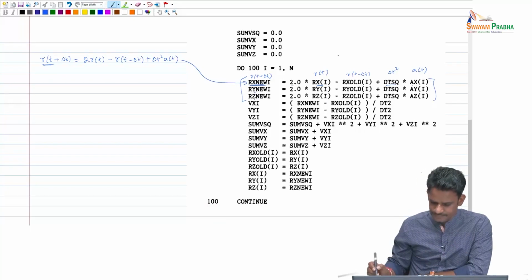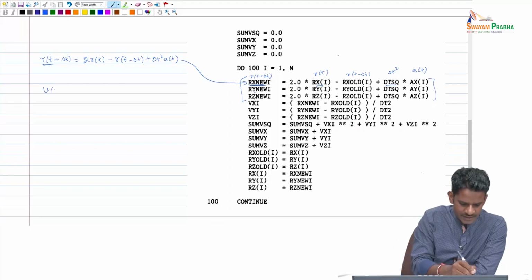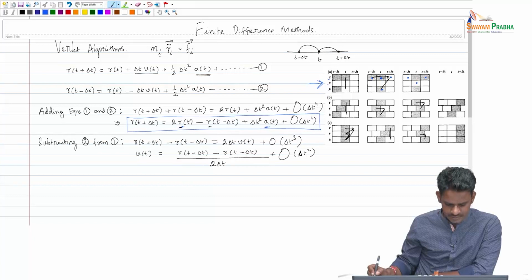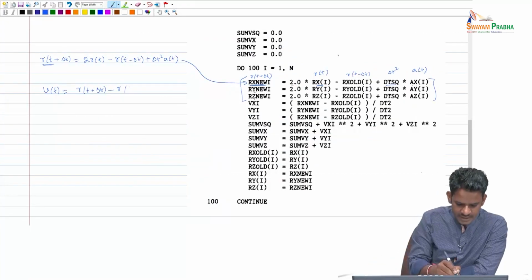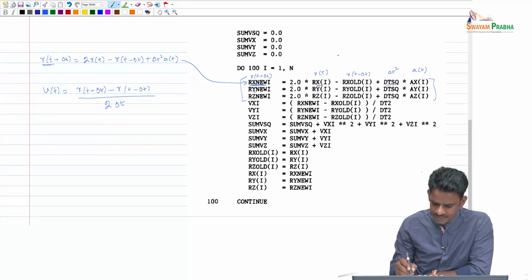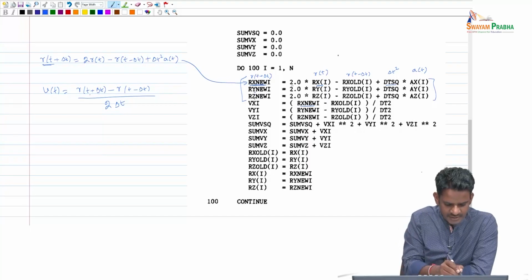And then for the velocity at time t, we said we could use r at t plus delta t minus r at t minus delta t, divided by 2 delta t, and so you can see that that is basically done here. So, this is our new position, that is r at t plus delta t.